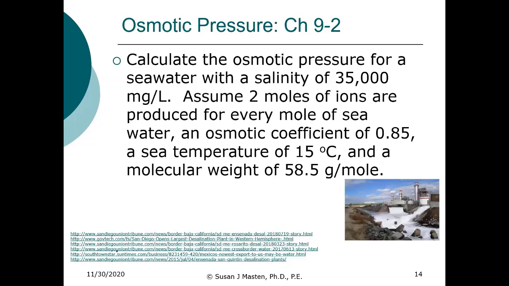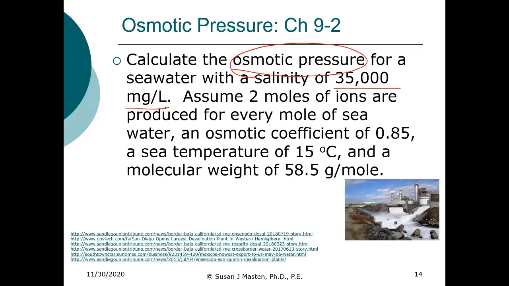So in terms of the membrane system, I've mentioned the issue with pressure. When we're looking at a conventional membrane system, we need to exceed the osmotic pressure of that water in order to create that flux of water across that membrane surface. So let's look at a situation. We have a salt water concentration of 35,000 milligrams per liter. This is typical for seawater.